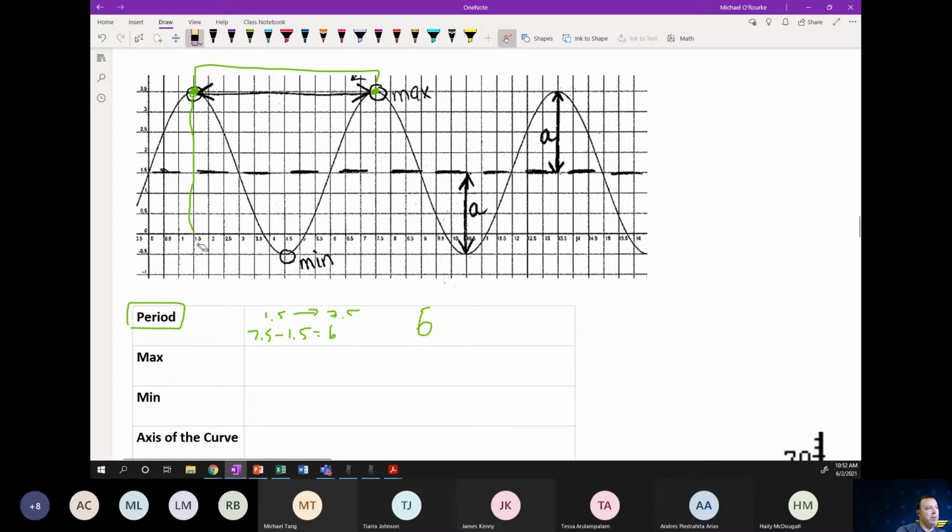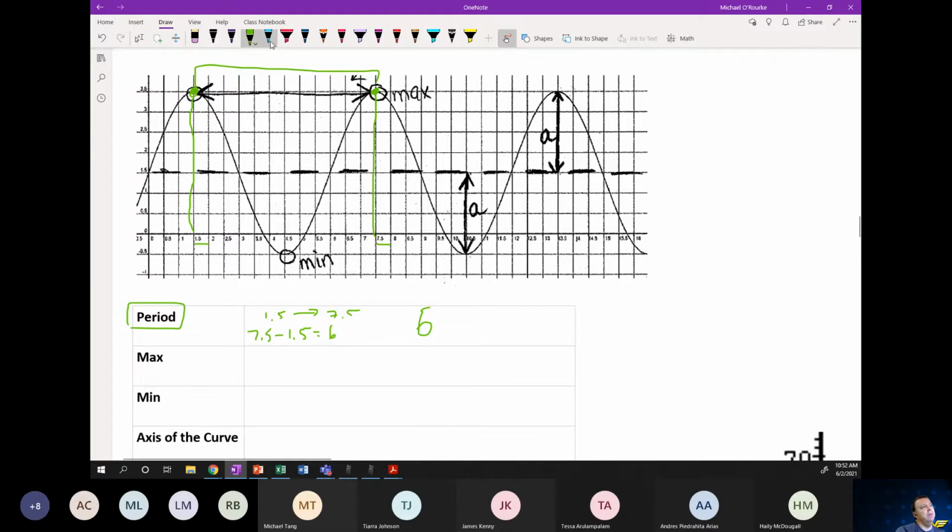And I realized it starts at 1.5 and it ends at 7.5. I know those numbers, these are the smallest numbers I have. So then I went 7.5 minus 1.5 equals 6. So the time it takes to go through one full rotation is 6. Does that help you out, Andreas? And we're going to do like 6 of these. Okay.